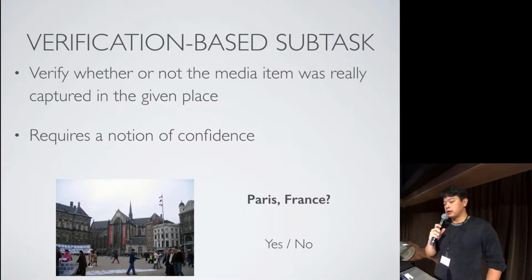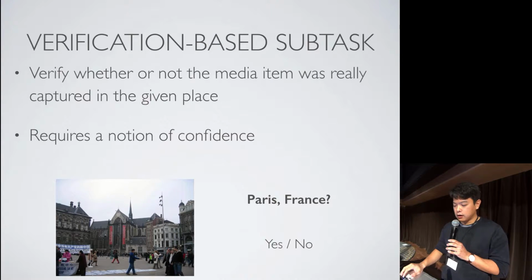So we wanted the participants this year to think about the notion of confidence. For instance, this example photo is in Amsterdam, but if we ask, is this Paris, France? You will have to say whether, okay, yes, it's Paris, or no, it's a different city or place.